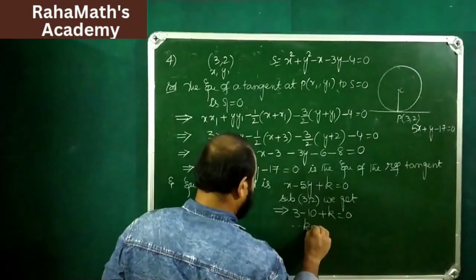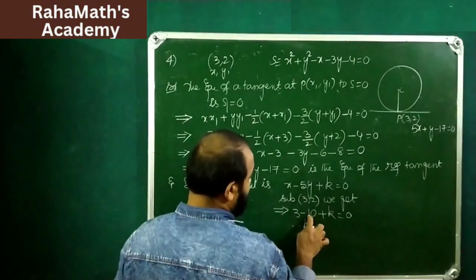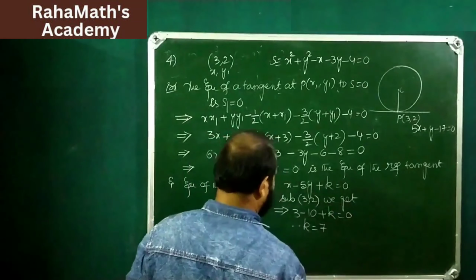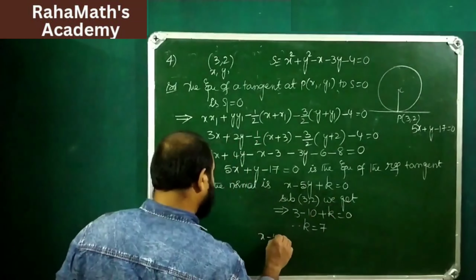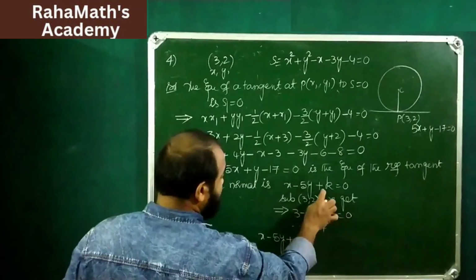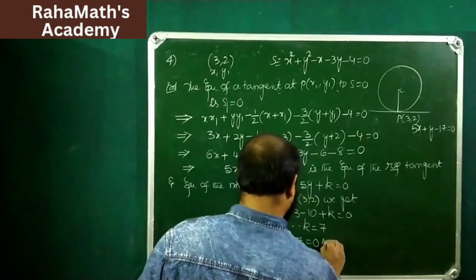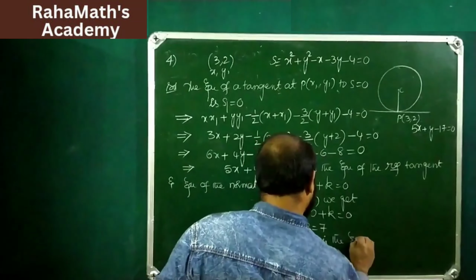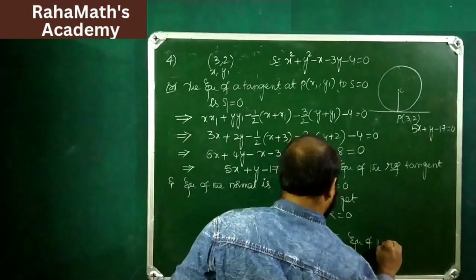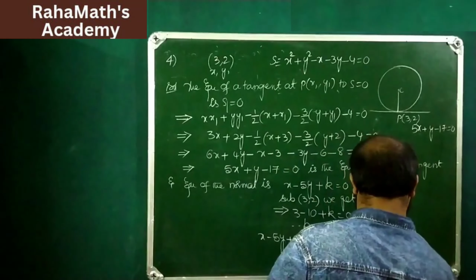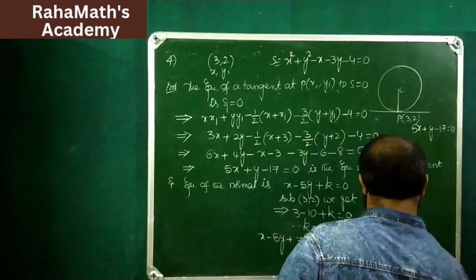Therefore k value is 3 minus 10, minus 7, if you take it to that side, plus 7. So x minus 5y plus 7 equals 0 is the equation of the required normal.